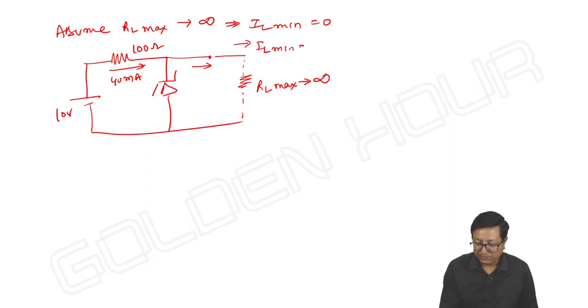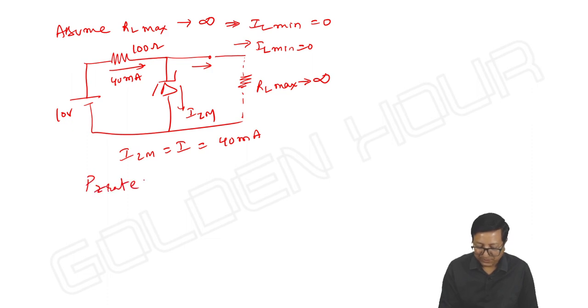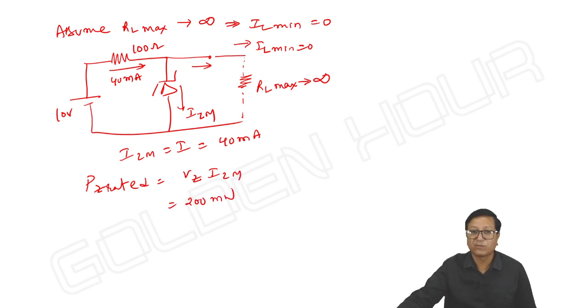IL minimum is 0. RL is maximum, means at that time the current through the Zener diode is IZM. So what is IZM, friends? It is equal to I, which is 40 milliampere. Then PZ rated is equal to VZ into IZM. It is 5 into 40. It is 200 milliwatts.